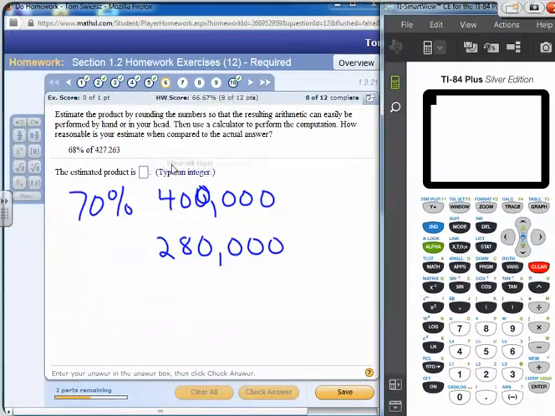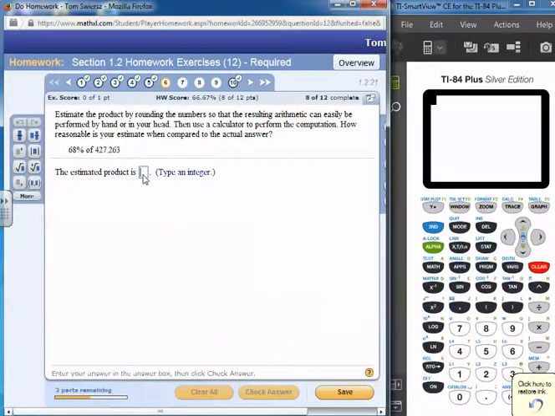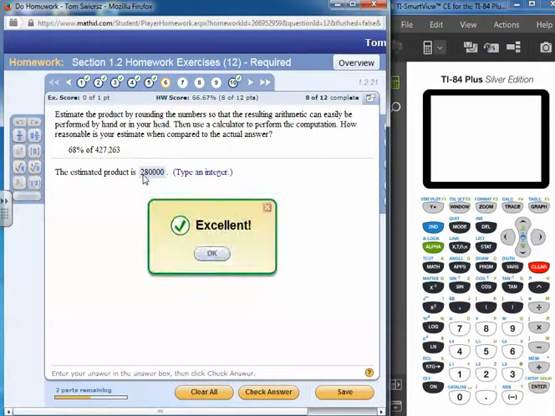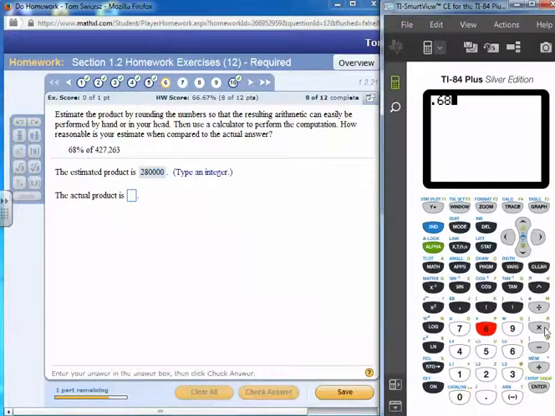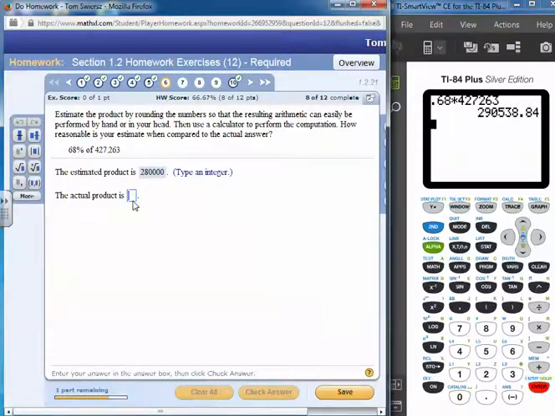So again, we've got 280,000. The actual product is 0.68 times 427,263, which gives us 290,538.84.